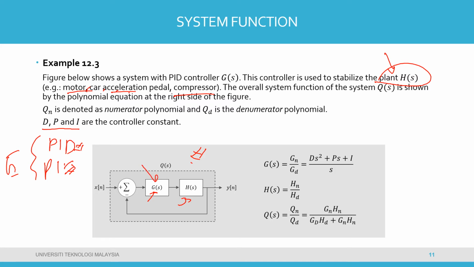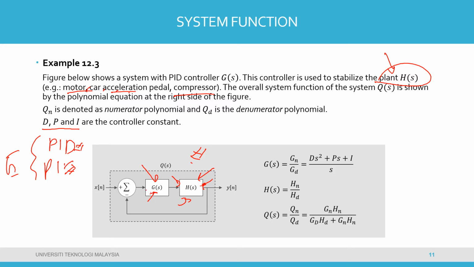So this is the output of the plant. For example, if it is a motor, the output is torque or speed. This is the input, for example the voltage. You insert the voltage here as input, and the output is the speed, for example, and the voltage is controlled by the controller.